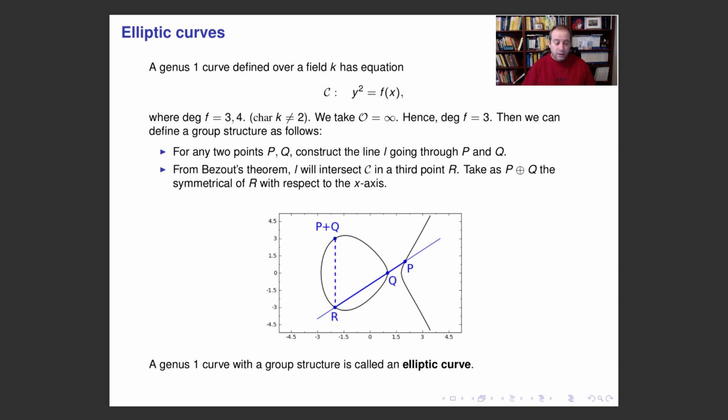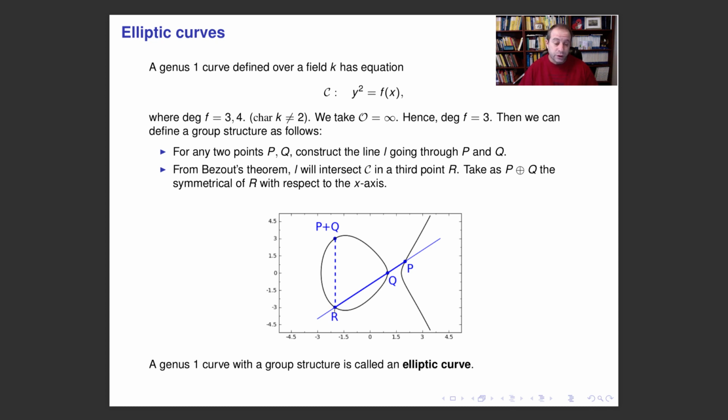So if you take now P and Q, any 2 points, you just draw the line between 2 points. From the so-called Bezout's theorem, we'll talk more about this, a line always intersects the elliptic curve or a cubic curve in 3 points if you count these points of intersection the right way, okay?